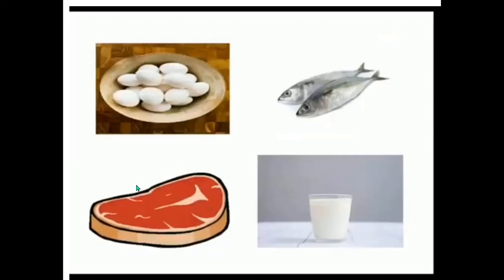All the oils which we use in our home, and ghee, have high fat content. What is the use of fat, children? If we use a little fat, it is enough. Fat gives more energy than carbohydrates.